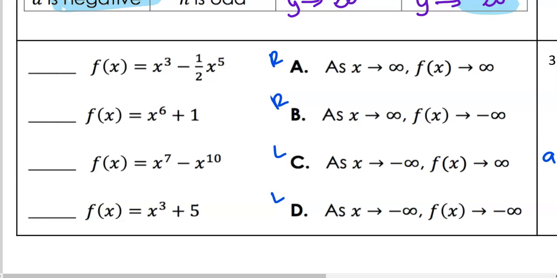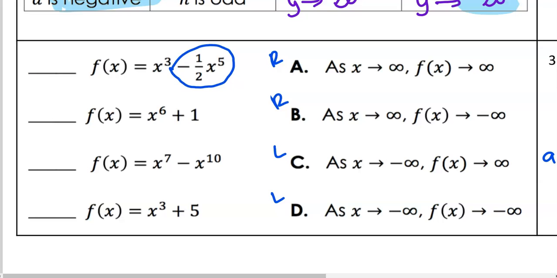Let's do the first one together. Which one of these is technically my leading term? Yeah, the highest exponent, right? So this is a negative term, but I have an odd exponent. So it's going to be up and then down, right?